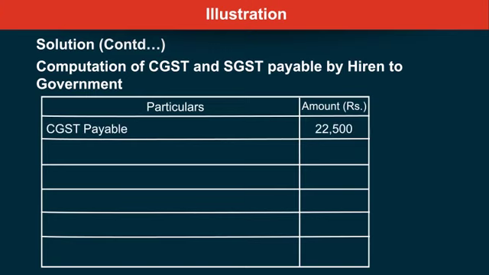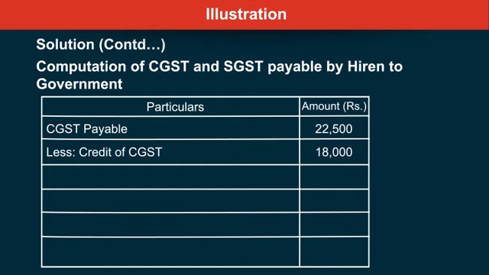CGST payable will be rupees 22,500, that is the taxes charged by Hiren to Mr. Mihir, that is taxes on the goods sold. But at the same time he has already paid taxes worth rupees 18,000 to Mr. Viren. So he can take the credit of 18,000 against this liability.